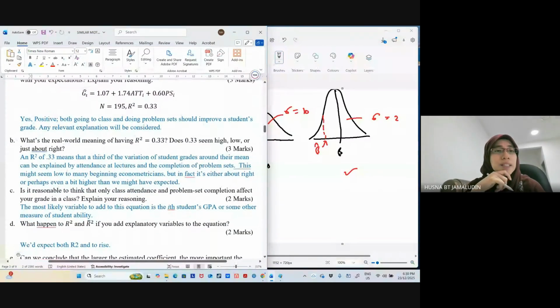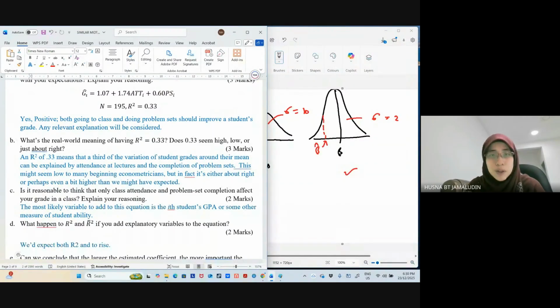Okay, what's the real world meanings of having r square equals to 0.33? So there are many ways of asking, interpret your r square. Sometimes they can just say, okay, interpret r square equals to 0.33. As long as the question is something like this, they just want you to interpret your r square.